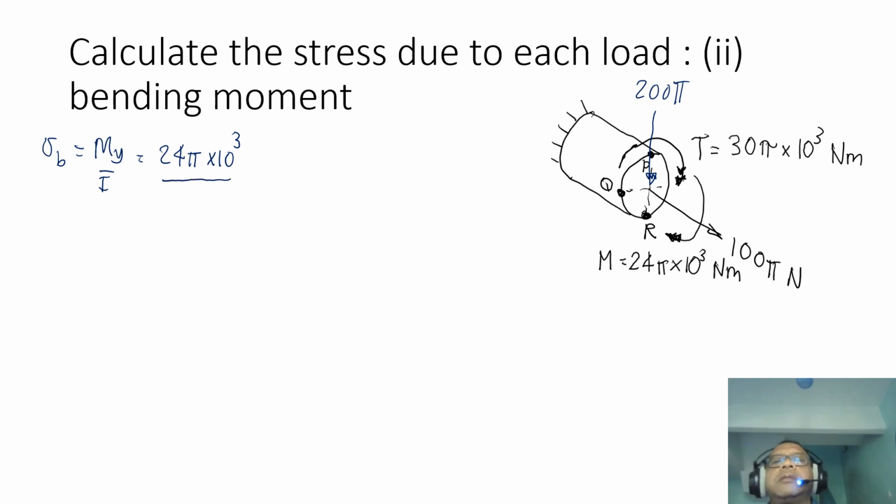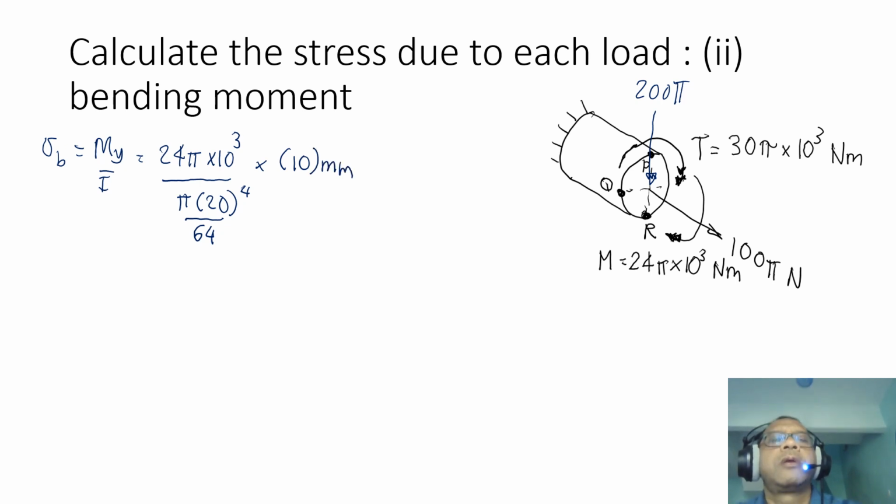Then we have calculated that before. Pi times 20 to the power of 4 over 64, and then times y. Y is 10 mm. So this is Newton mm, and this is mm to the power of 4. I'll just put the unit there for us to be very clear.